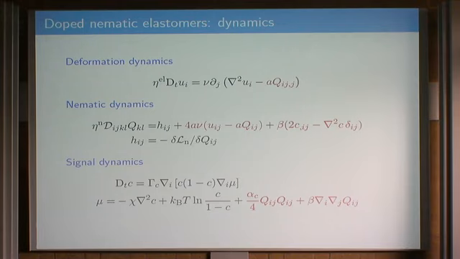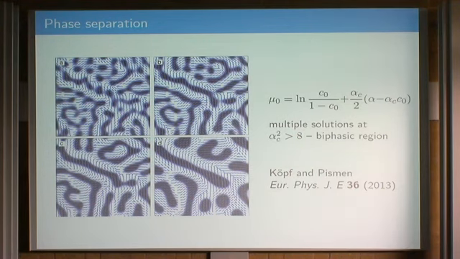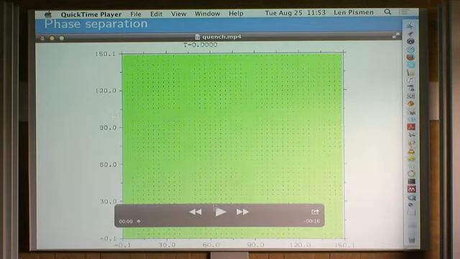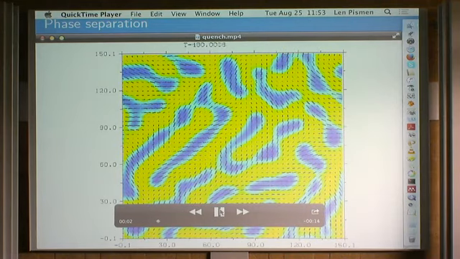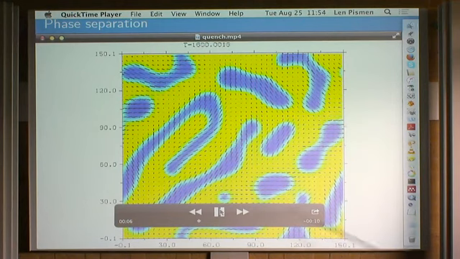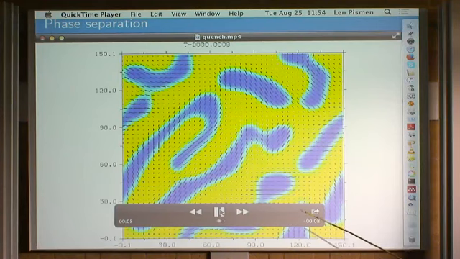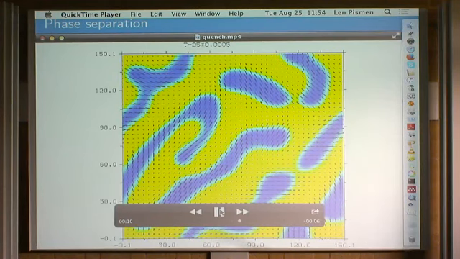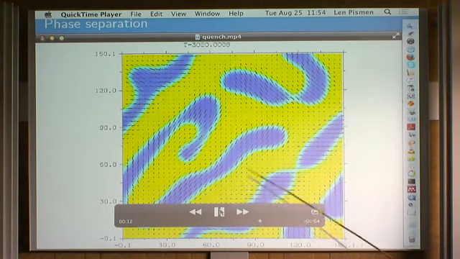So we are returning basically to this scheme which I had before, but it operates even near equilibrium. And so here is how the dynamics goes. You see here there is a biphasic region, and here two phases with low and high concentration.